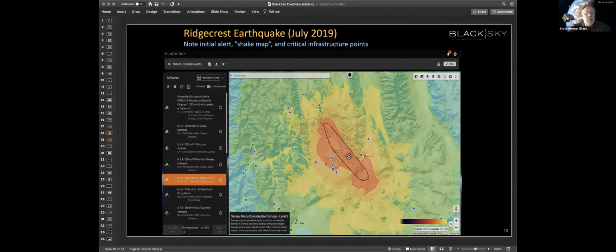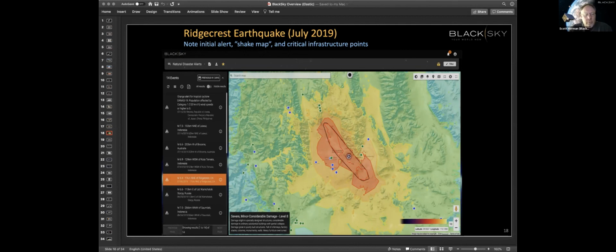Here's another example. And again, we're bringing this data in from a lot of different sources. Here we've gotten a seismic instrument warning of a large earthquake that happened in Ridgecrest, California last summer. And what you're seeing here is several things. One is, where is the epicenter? What is the potential damage map based on soil types? And then all the blue and green dots are facilities.